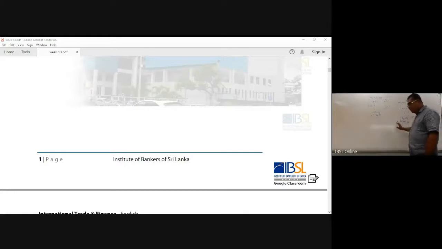When the documents are compliant, this particular bank has five banking days, under Article 14B. There are five banking days. And if they find that the documents are compliant, then they should honor or negotiate. Right?